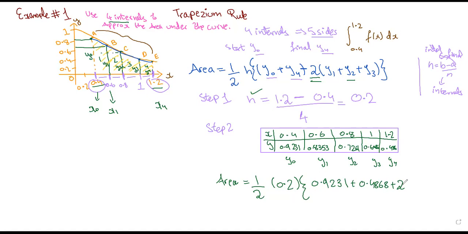Okay, so you have plus 2 into y1 is 0.8353, y2 is 0.7261, y3 is 0.6065. The sum of y1, y2 and y3 is 2.1679.